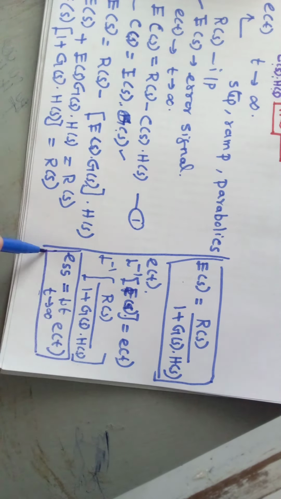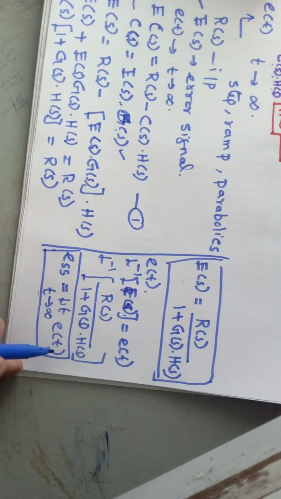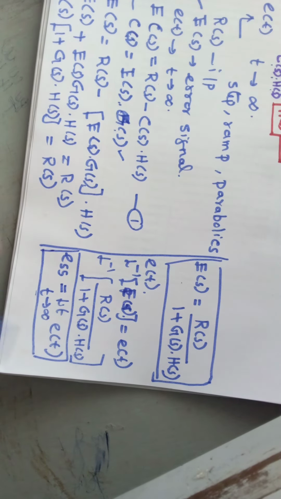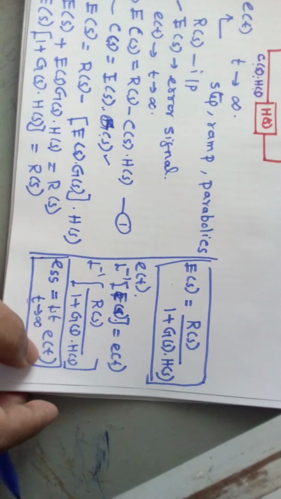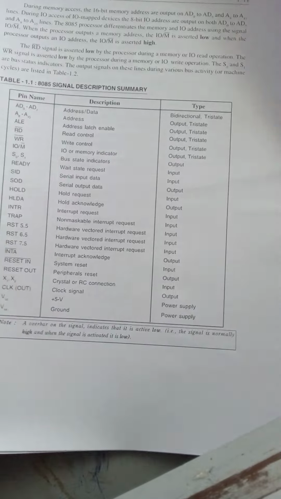So after calculating this e(t), we can find this ess, or the steady state error, by substituting t equal to infinity in that equation. Or you can use an alternate method, that is the final value theorem of Laplace transform. You can apply the final value theorem of your Laplace transform to find this steady state error.